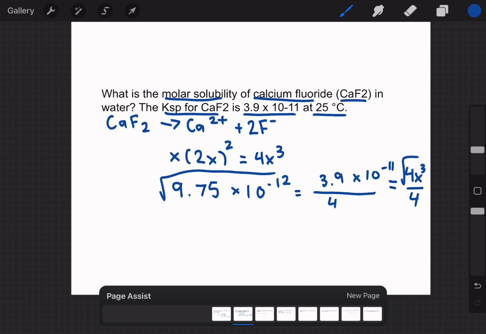So they're both going to be the cube root, so that cancels out. That's also to the 3, I just didn't write it. That's my bad. That is going to become x equals 2.1 times, if I'm correct, 10 to the power of negative 4.